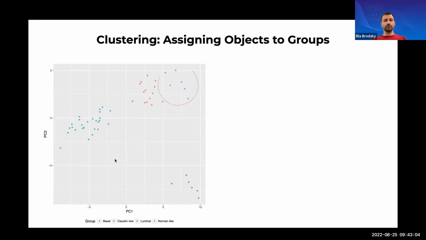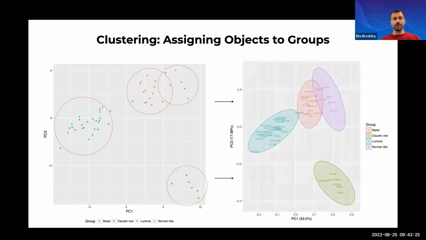And here I want to now say, I don't want to just color them by different colors. I actually want to define them. And definition could be done by several different methods. But the objective of those methods is pretty consistent. The objective is to say that this is my groups, and this is the borders of those groups, or maybe these are the specific relationships within the group, right?